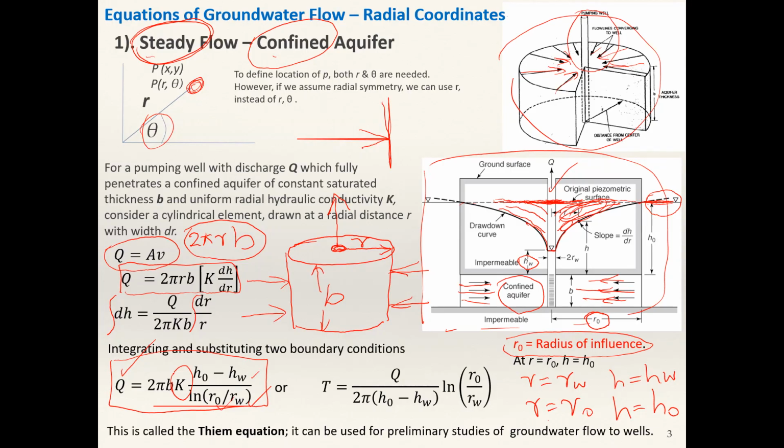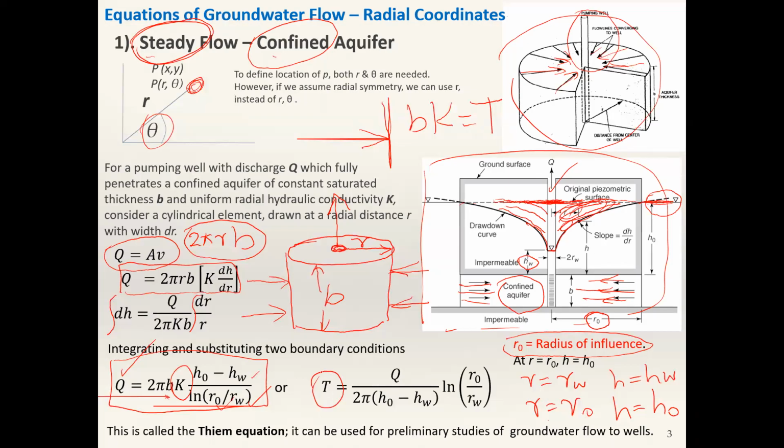Now, the same equation has been written in a different form. We know that saturated thickness multiplied by the hydraulic conductivity is equal to the transmissivity, right? So instead of B and K here, we use T, the transmissivity.